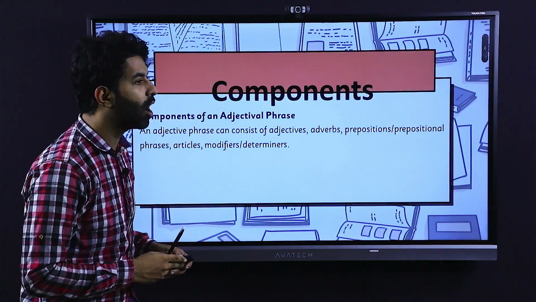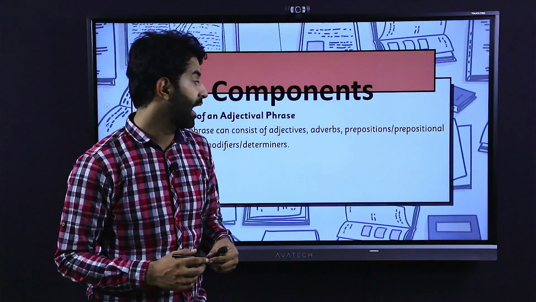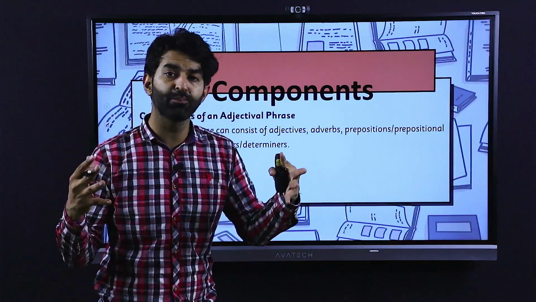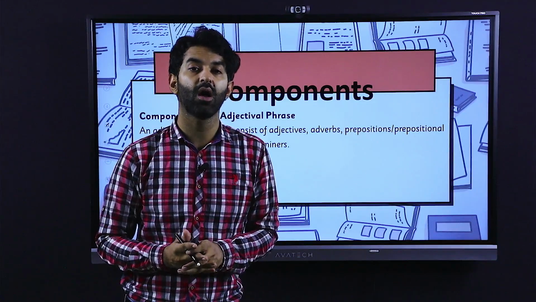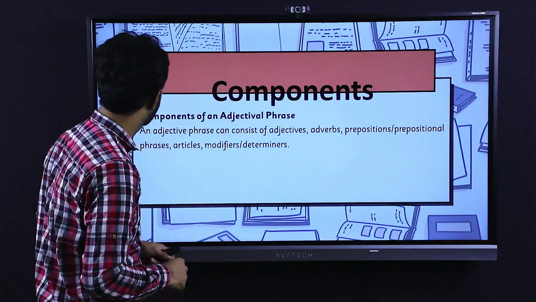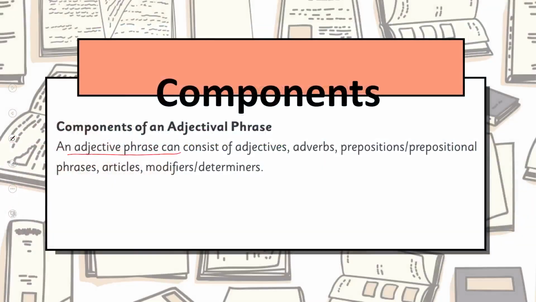Let's look at some components over here. So what are the components of an adjectival phrase? How can we put together those different words so that we can make an adjectival phrase? Now, an adjectival phrase can consist of adjectives, adverbs, prepositions or prepositional phrases, articles, modifiers and or determiners.